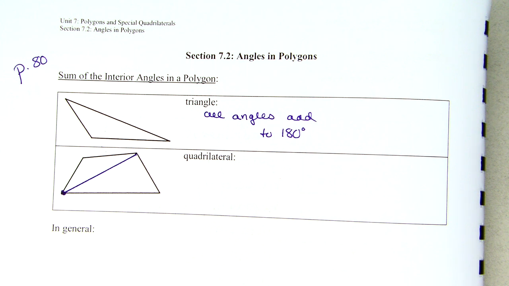We can totally figure this out. Ready? A quadrilateral is really how many triangles? 2 triangles. How many degrees in one triangle? 180. So then how many degrees would I have in 2 triangles?